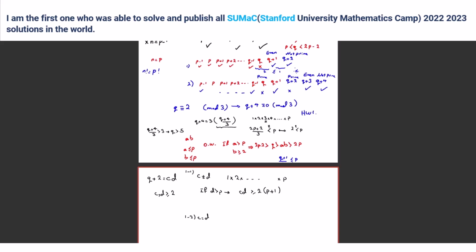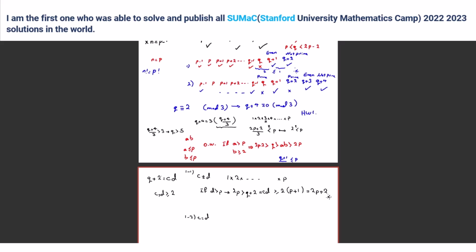Or greater than 2P. We know that CD is Q plus 2, right? Q is less than 2P minus 2, so it's less than 2P. But here it is greater than or equal to 2P plus 2, contradiction, right?